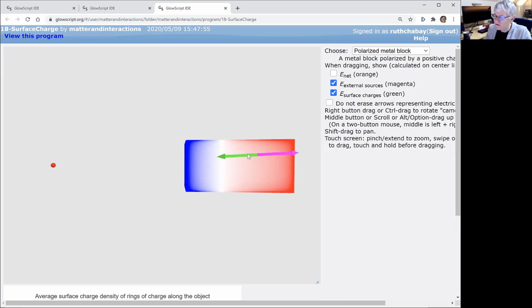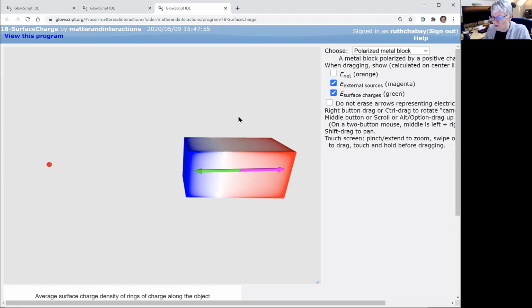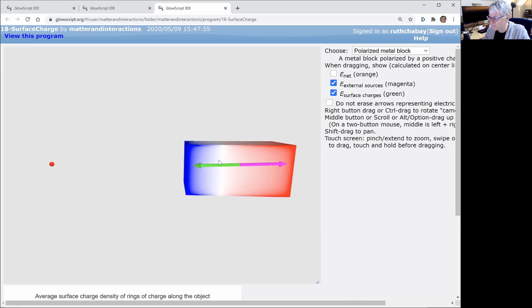But we see that this polarization manages almost magically to create a field that's exactly equal and opposite to the applied field. Yeah, it's pretty cool. And the reason it works mathematically turns out to be that the electric field falls off exactly like 1 over r squared. This actually wouldn't work if it didn't. So that's an interesting fact.